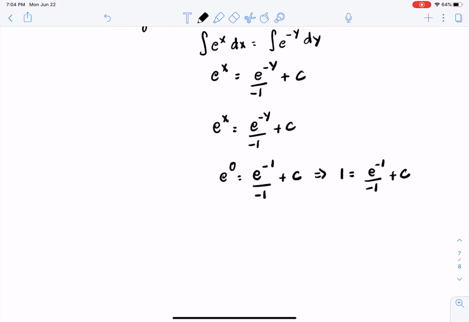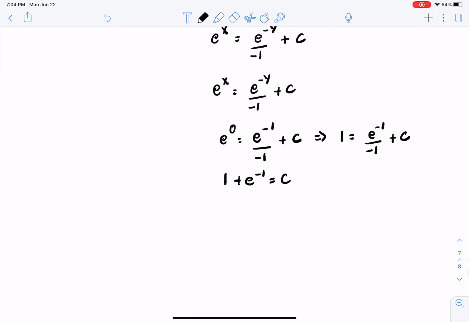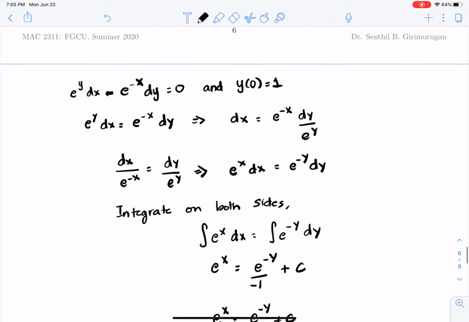I could convert it to a decimal, but I'm just going to keep it in terms of e. So if that e raised negative 1 moves to the other side, it becomes positive e raised negative 1, because there is a negative 1 in the denominator. And the value of the constant c is 1 plus e raised negative 1.